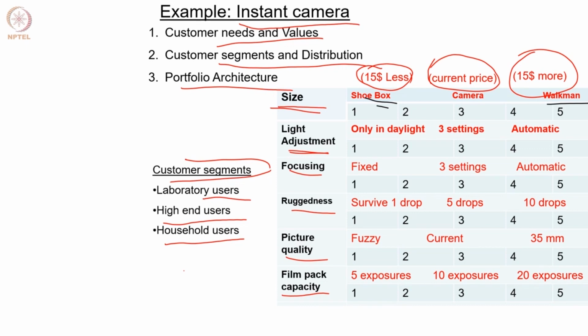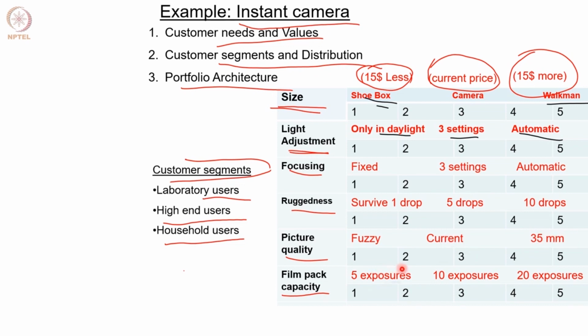Similarly, light adjustment can be used only in daylight, it can have 3 settings, or it can be completely automatic. Again, when it is completely automatic, you have to pay extra for that. For focusing, it can have fixed, 3 settings or automatic. Ruggedness: 1 drop, 5 drops or 10 drops. Then picture quality: fuzzy, current and 35 mm picture quality.